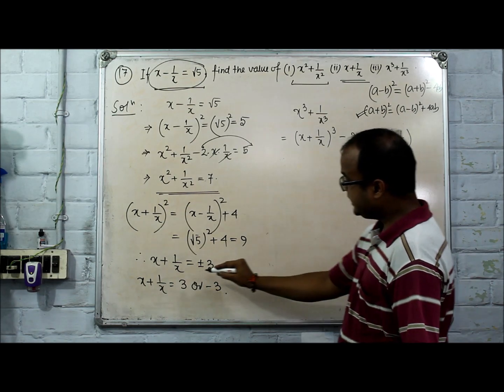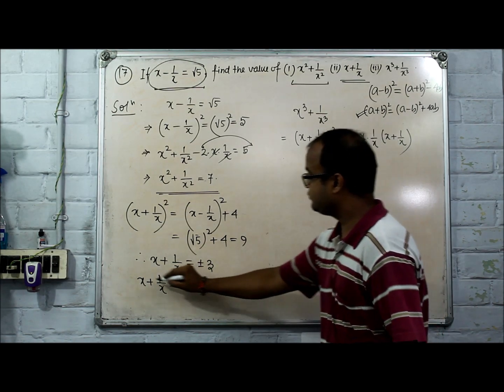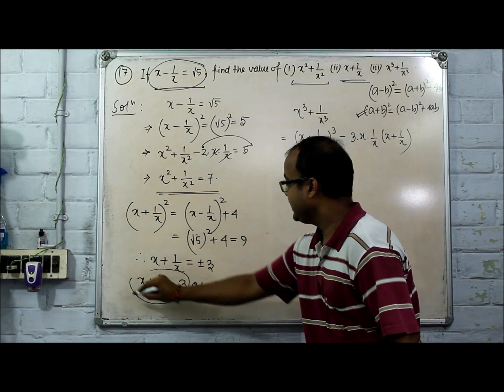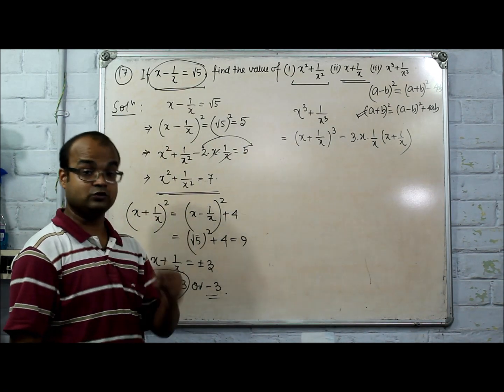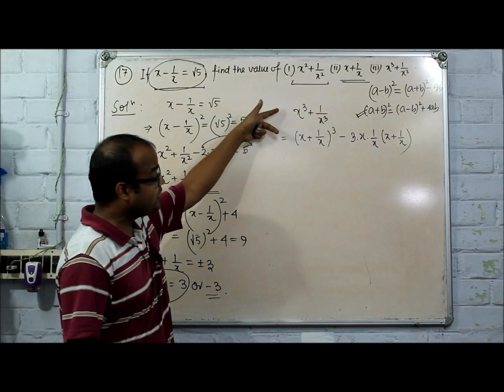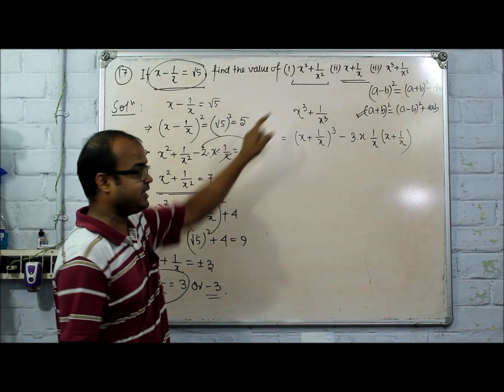Now see, we are getting two values of x plus 1 by x. One is 3 and another is minus 3. Correspondingly you will get the two values of x cube plus 1 by x cube.